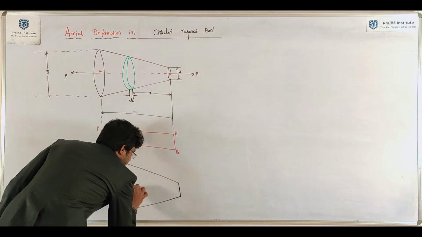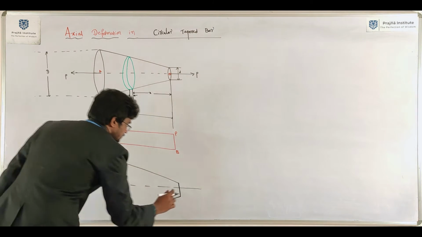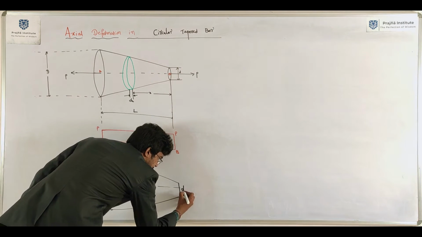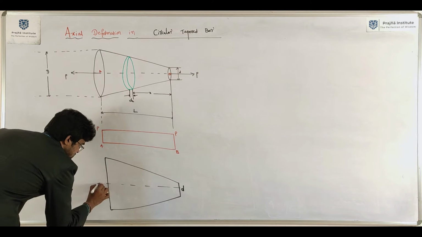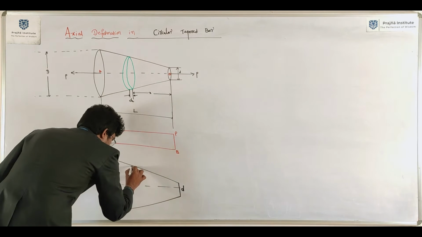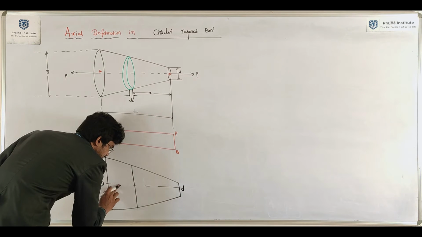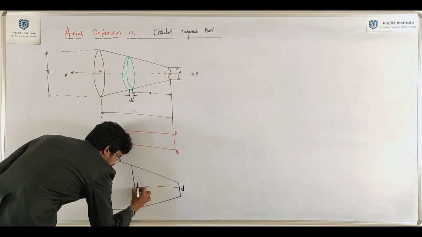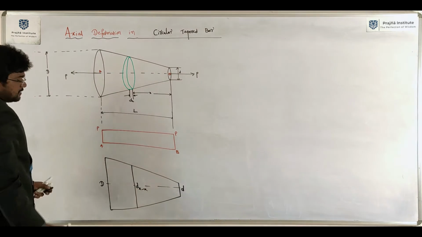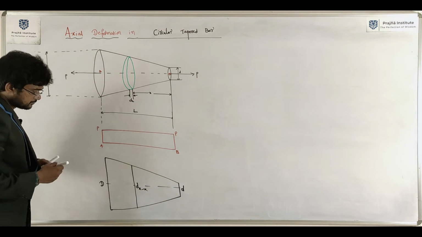Here it is small d and this will be capital D. Here to here it will be dx.